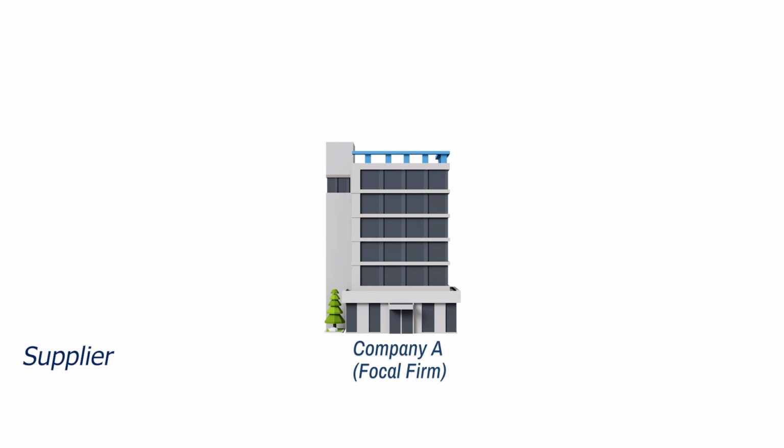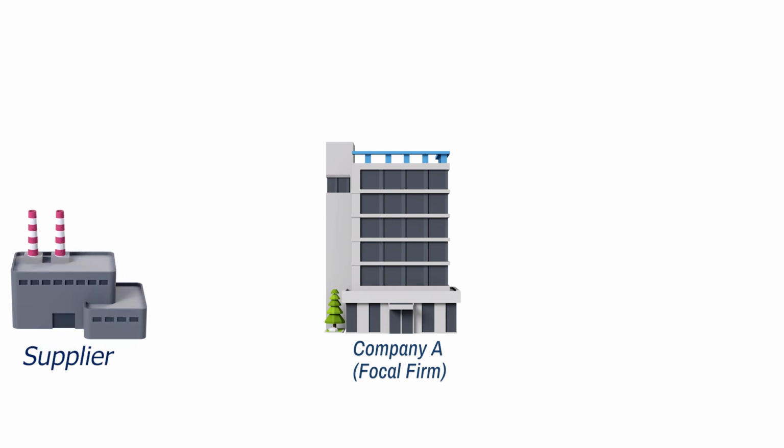Now, company A doesn't own anything in the supply chain as of now. But let's say company A makes a proposal to their supplier and says, hey, we want to purchase this business that you own for $1.2 billion. And the supplier says, yes, we'll take that.